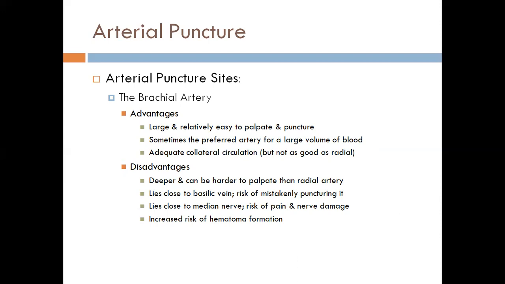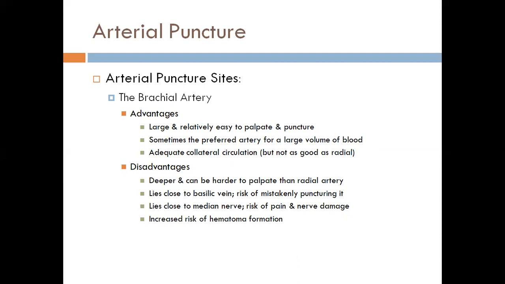So if your radial is located on the thumb side of the wrist, your brachial artery is located in the medial anterior aspect of the antecubital fossa region, okay, near the attachment of the biceps muscle. So you already know what is this antecubital fossa region that we make use as our first choice in performing venipuncture.